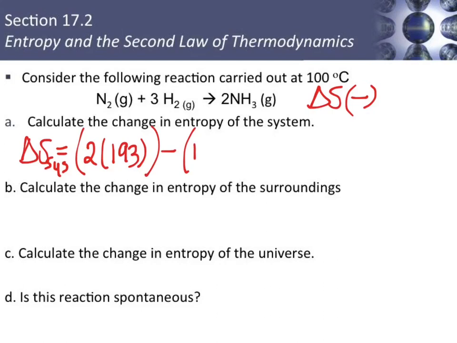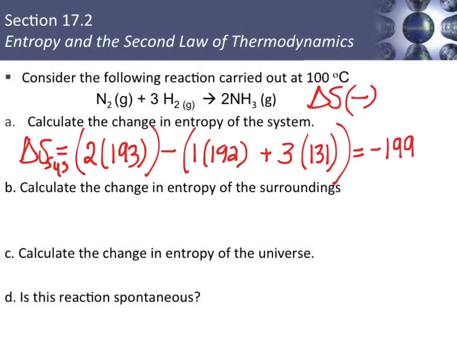Minus, we have 1 N2, and what is the value of N2? 192. Plus, we have 3 H2s. Don't look for H, get 131. So when we put those all together, I got negative 199 joules per mole.